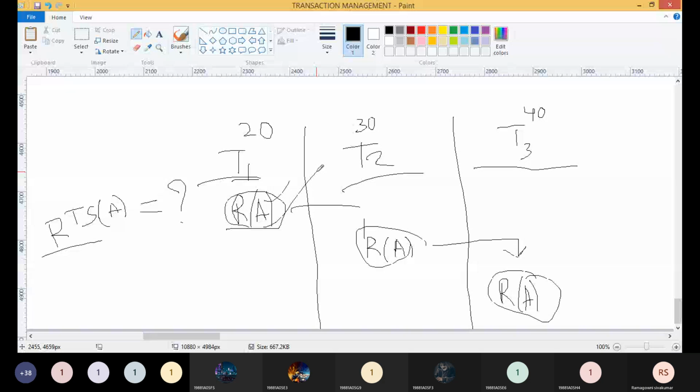The latest one, we will consider as the read timestamp data item value.